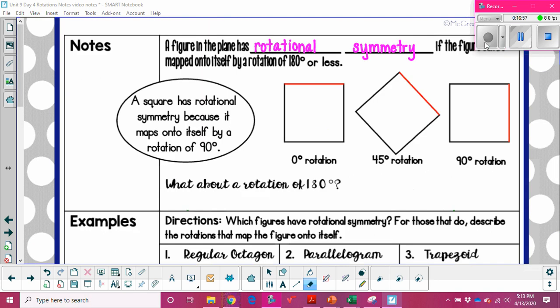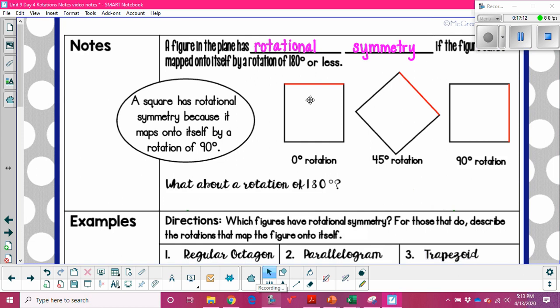Okay, a figure in the plane has rotational symmetry if the figure can be mapped onto itself by a rotation of 180 degrees or less. Looking at this example of a square, the first one here has a 0-degree rotation. I haven't done anything to it. I have this side red so we know how we're turning it. The center of rotation here is just the center of the square.